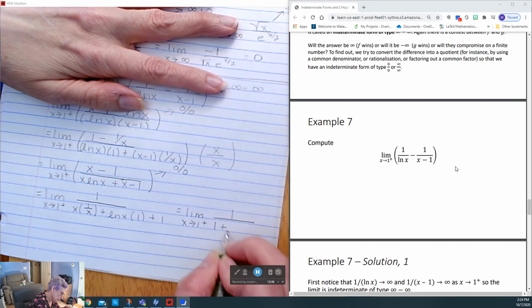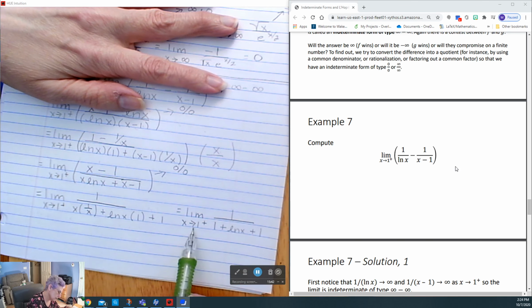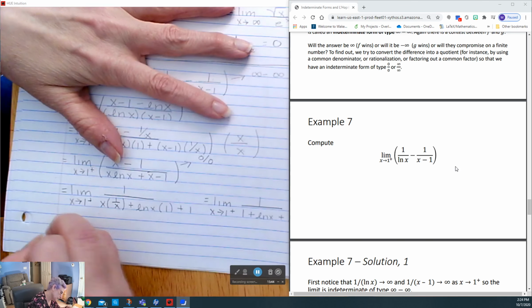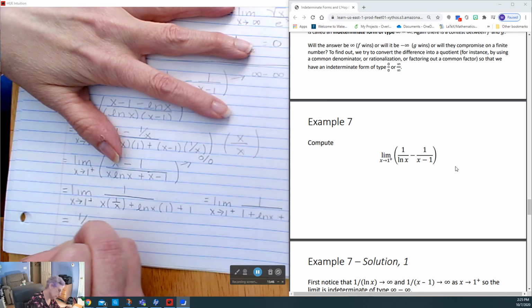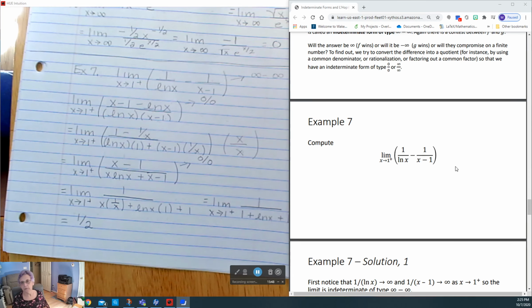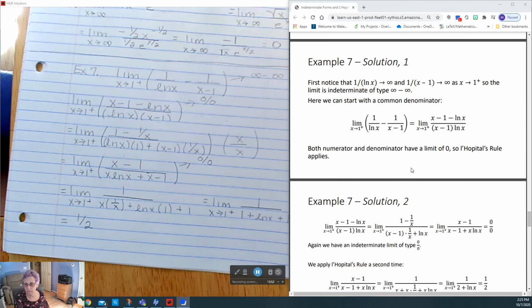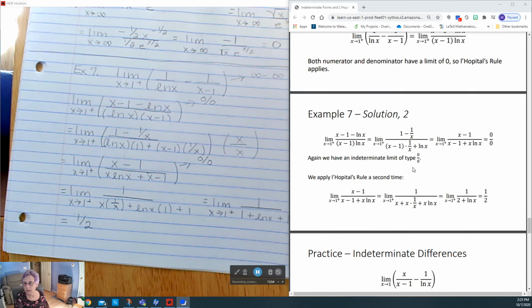I have 1 plus multiplying by 1 does nothing. So this is 1/2. Ta-da! There's the pretty answer.